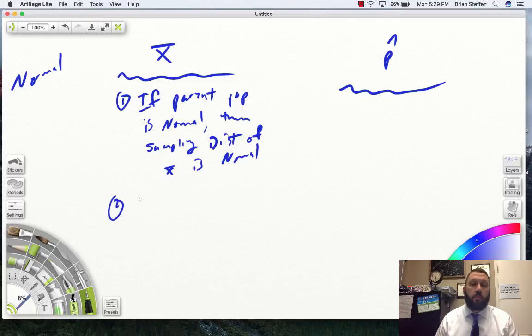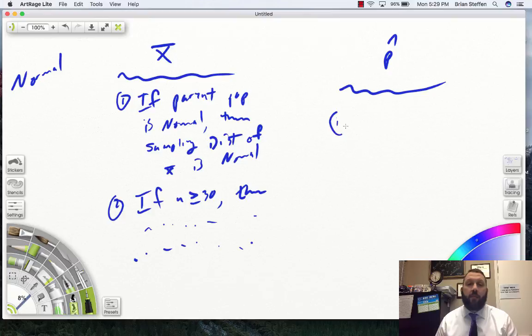Second, so what if we don't know this first one? Then the second one, if n is at least 30, then the sampling distribution is normal. Over here for p hat, we've only got one thing. np is at least 10, and nq is at least 10. Sample size times p, sample size times q.